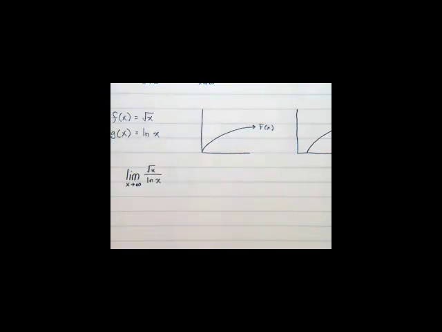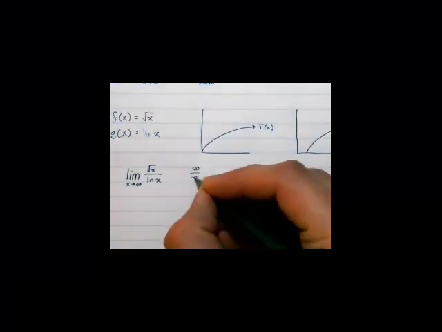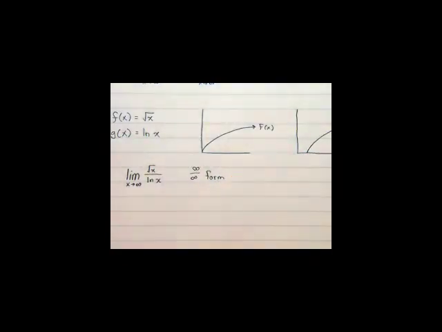Same thing with the natural log. Natural log of infinity is infinity because it just keeps going up. So we have an infinity over infinity form. And unfortunately, unlike the last example we did, we can't just do a little cancellation, simplify it, that sort of thing. We have to actually do some L'Hopital stuff here to get this one done.